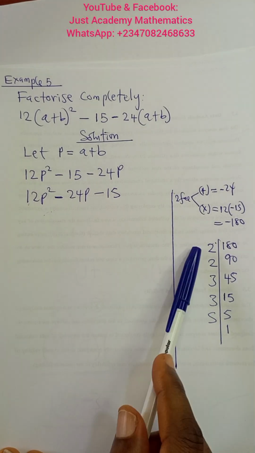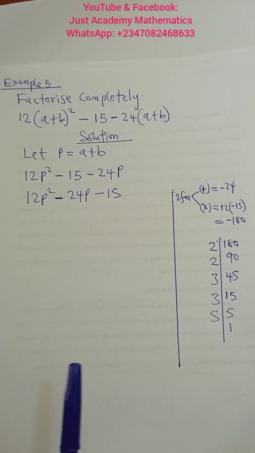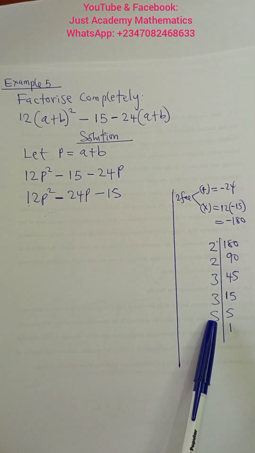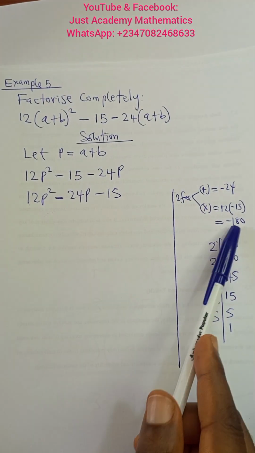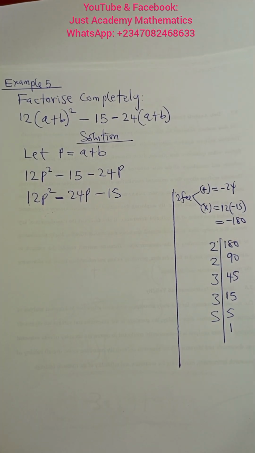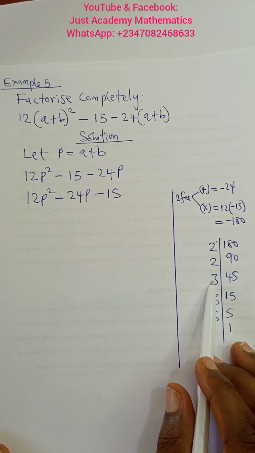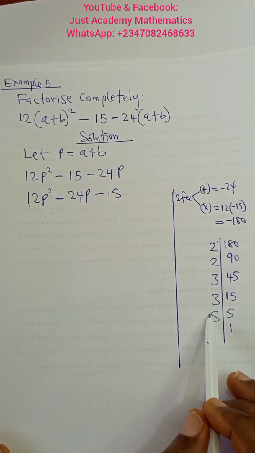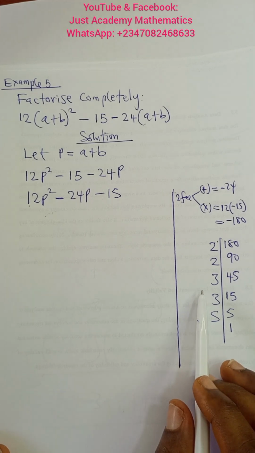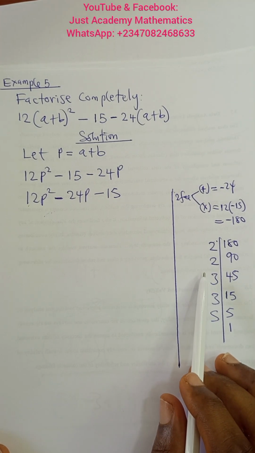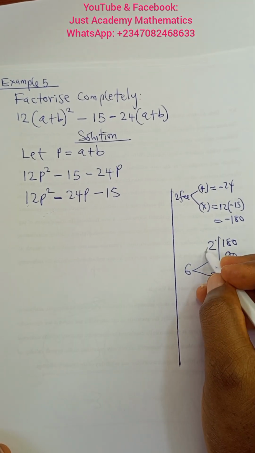So let's look for a way to merge these such that when we add, we'll get minus 24, and when we multiply, minus 180. If we try 2 times 2, 4, 4 times 3, 12, can 12 and 15 give us 24? No. Why don't we try this? This is 6.